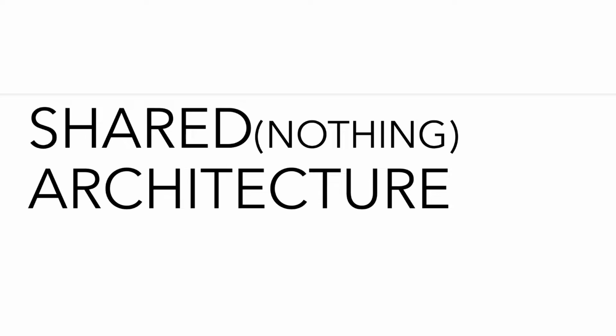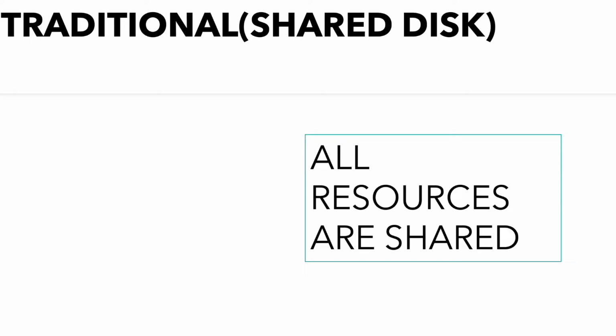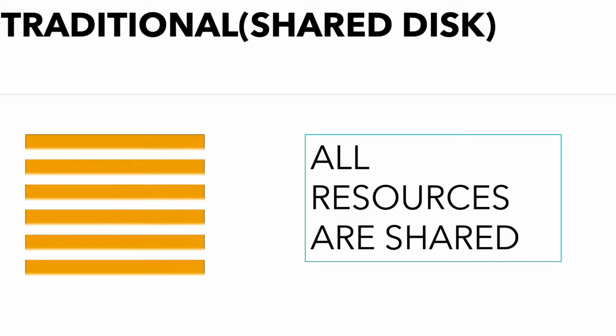To understand this, let's understand the traditional shared disk architecture. How does a traditional architecture work? Let's say in a traditional architecture all the resources are shared. Imagine a big box of resources which needs to be shared.